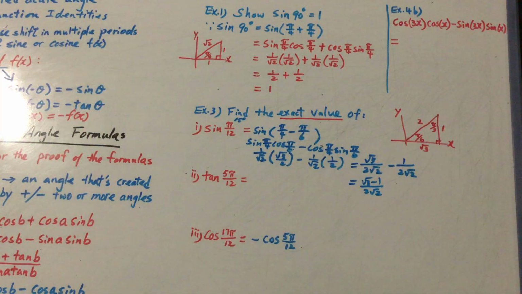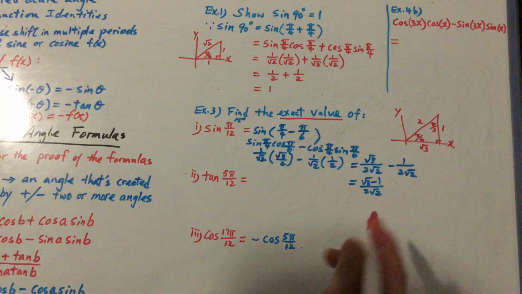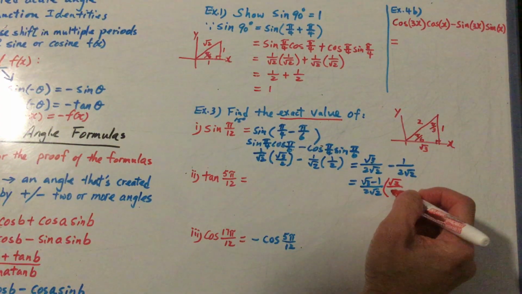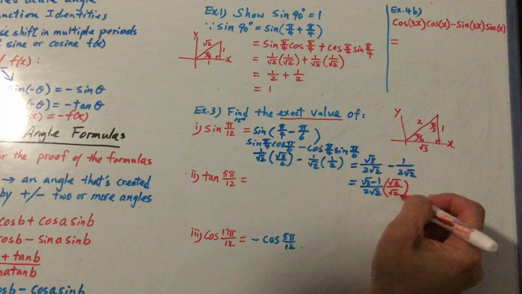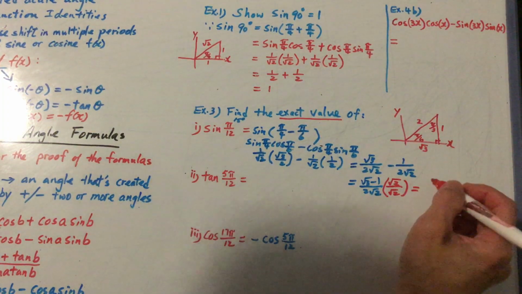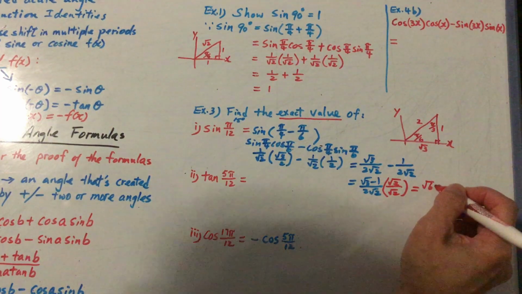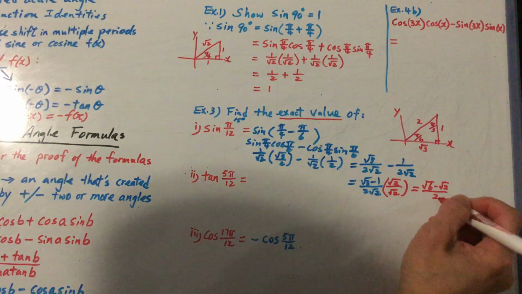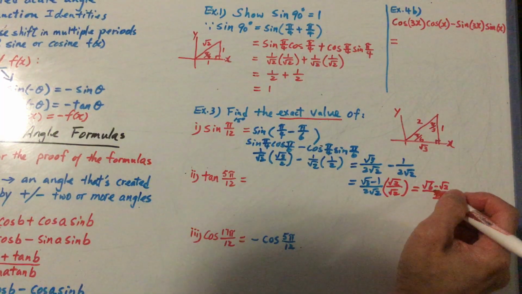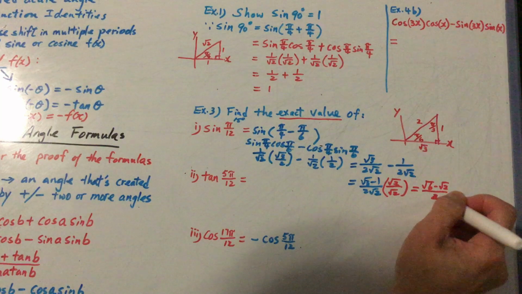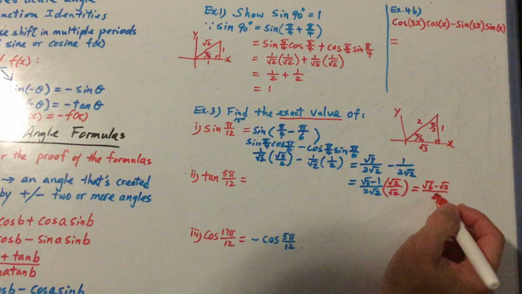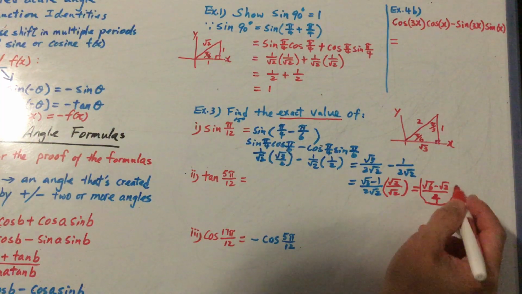Now, because the denominator has a radical in it, when I rationalize everything, when I multiply by root 2 over root 2, I will get my final answer as root 6 minus root 2 over 2. Oh, sorry. This is going to be 4, because 2 times root 2 times root 2 gives me 4. So this will be the final answer here.